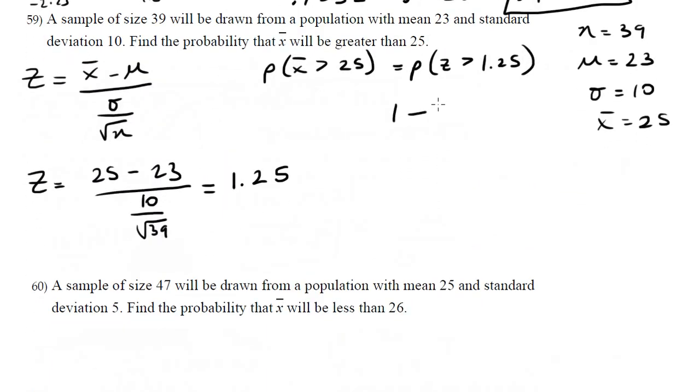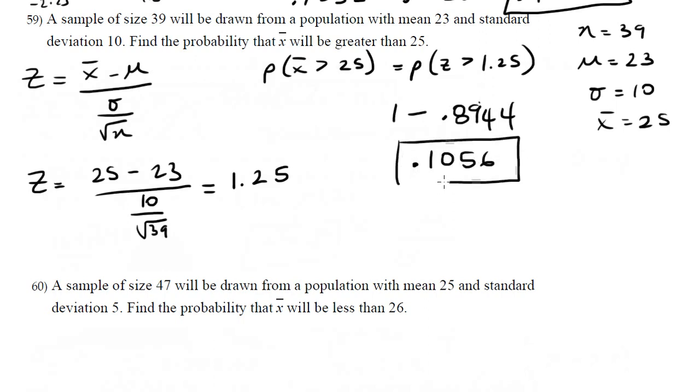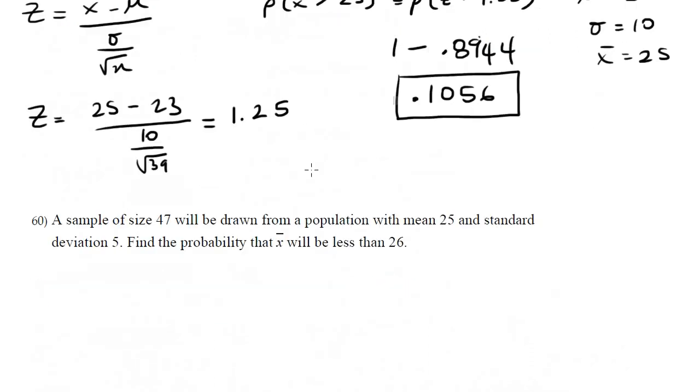So 1 minus 0.8944 is 0.1056. That's the probability that our sample mean will be greater than 25: 0.1056.